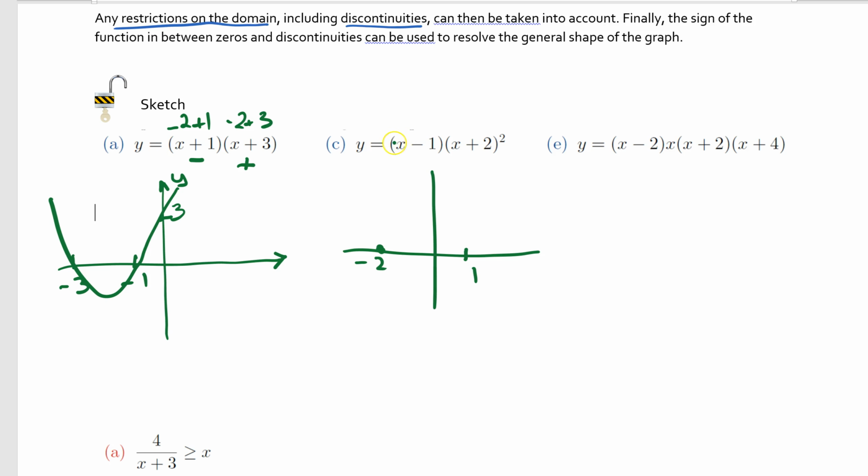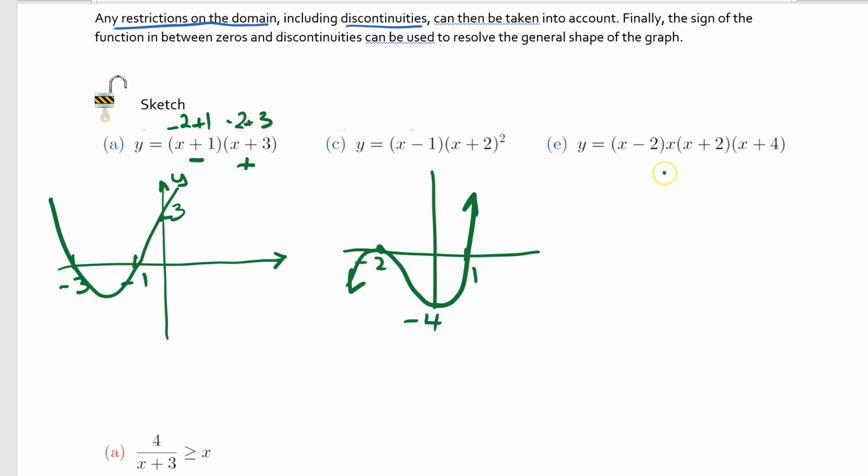Now we can find where we cut the y-axis by putting x equal to 0. That will be -1 times 4, so that's -4. And really, in a sense, we're done, because if we pass through here, touch there and cut through there, then the only possibility is that the curve goes something like that.